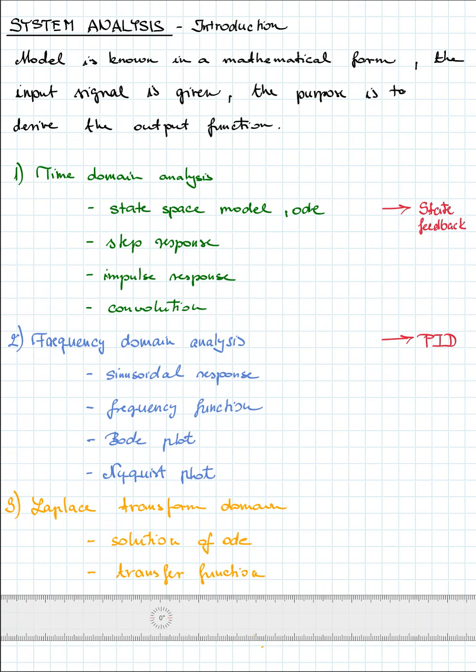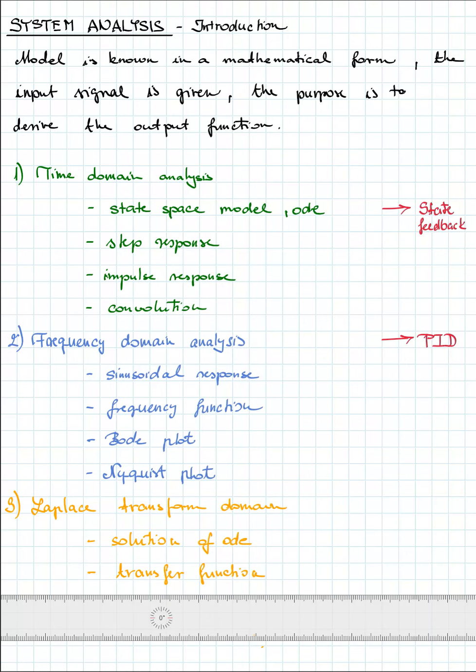After system analysis, we can speak about controller design, and as I mentioned before, the second block, the frequency domain analysis, is the basis of PID controller design. I have to mention that the time domain analysis, especially the state space model, is the basis for the state feedback controllers.